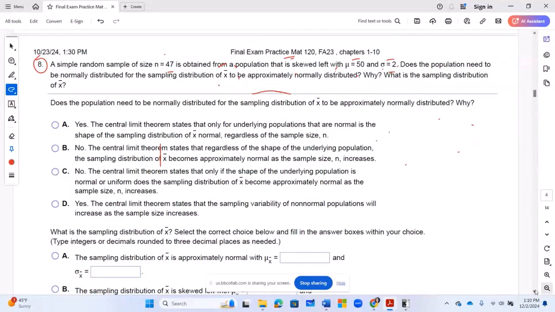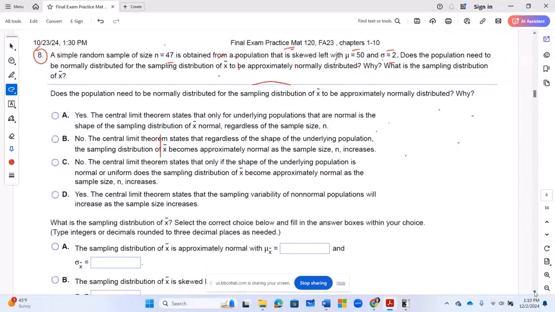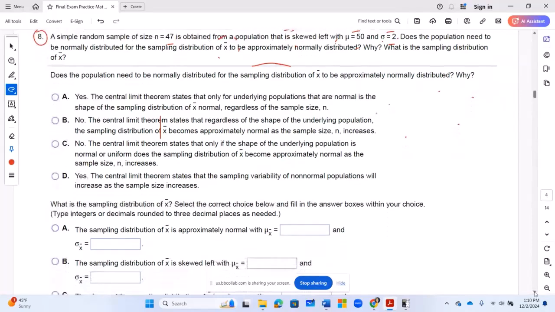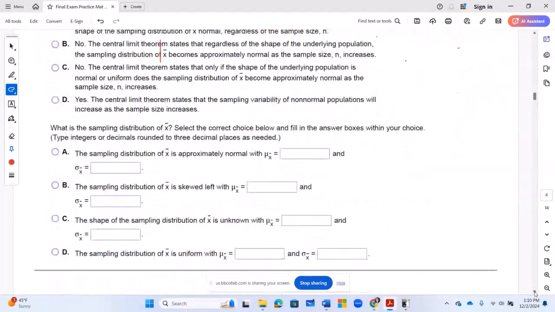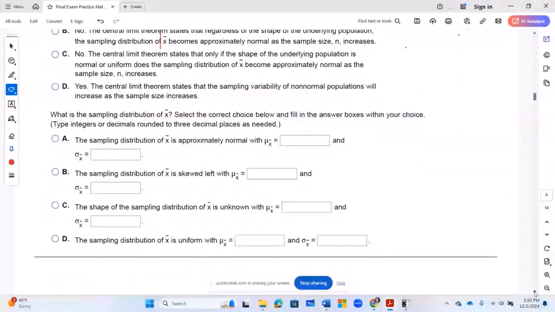Now, they continue to ask you questions, which means they already know that it doesn't have to be normally distributed. So question B: what is the sampling distribution of X bar?